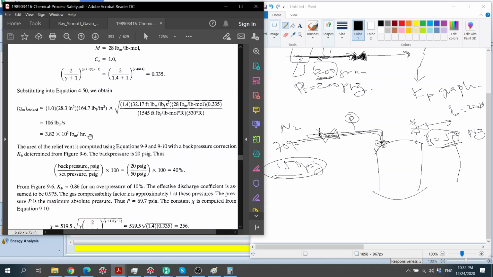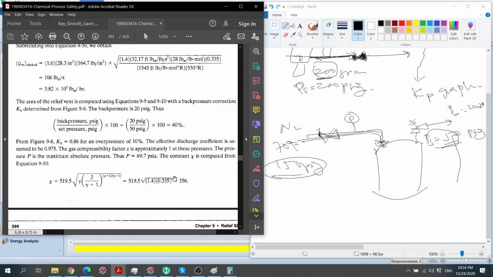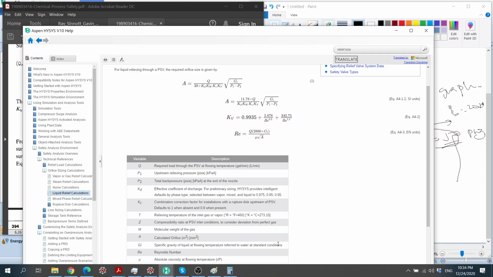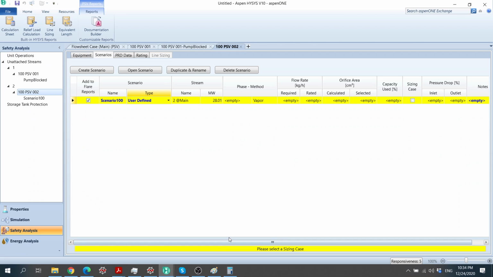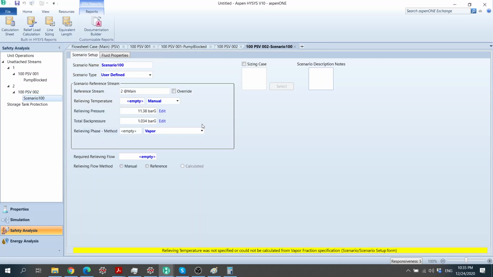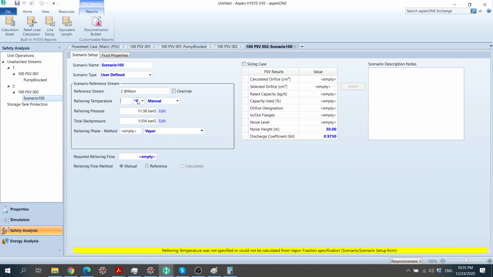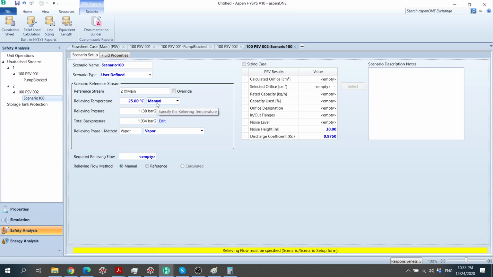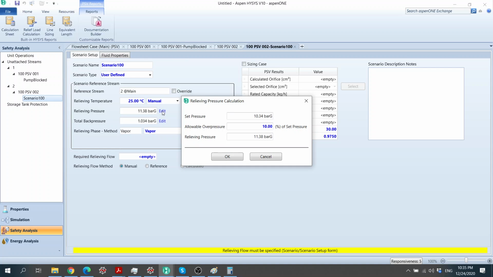And then they can calculate this, and then we can go back to our relieving, I don't know, 25, relief pressure, set pressure is 10.34, right?